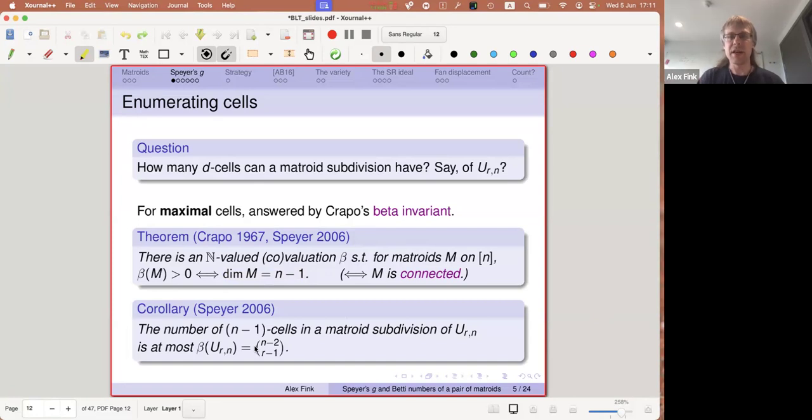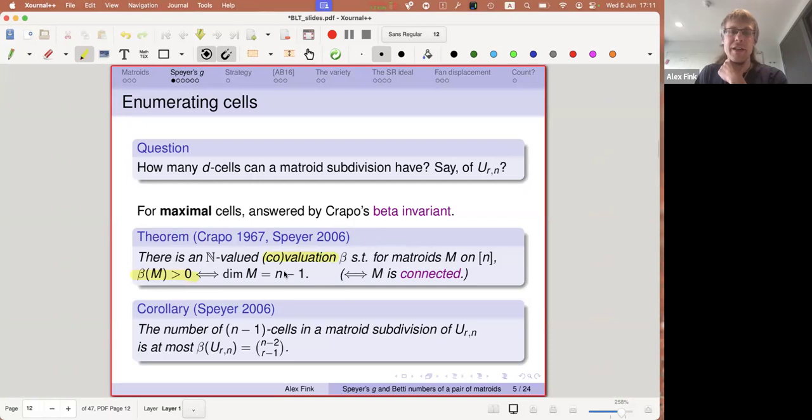It's a coefficient of the Tutte polynomial, the x coefficient or the y coefficient. If the matroid has more than one element, they're the same. And it has the properties you need to give a bound on this. Namely, it's always non-negative. It is a co-valuation.